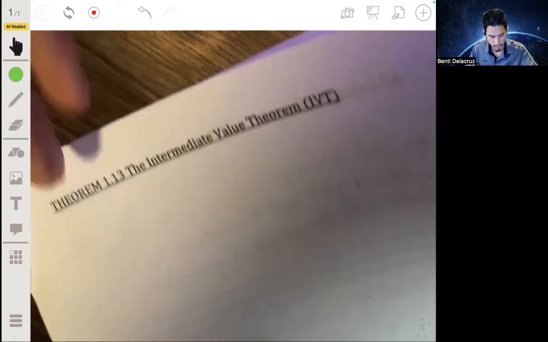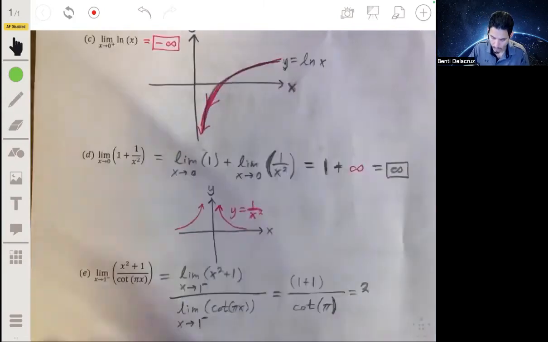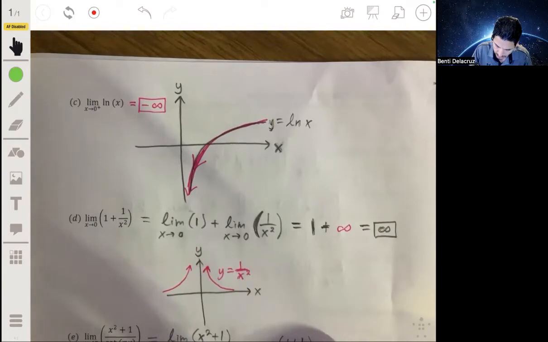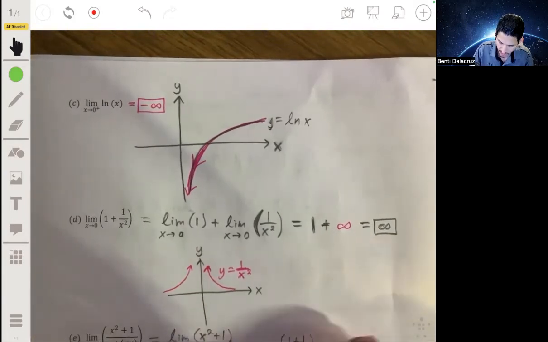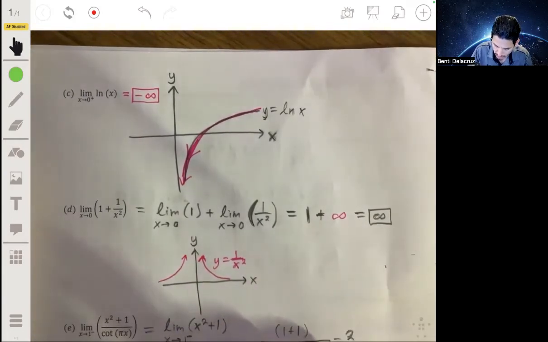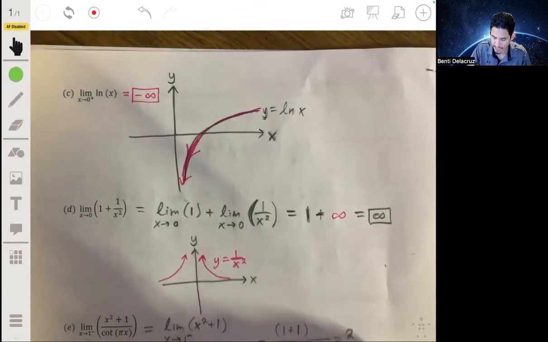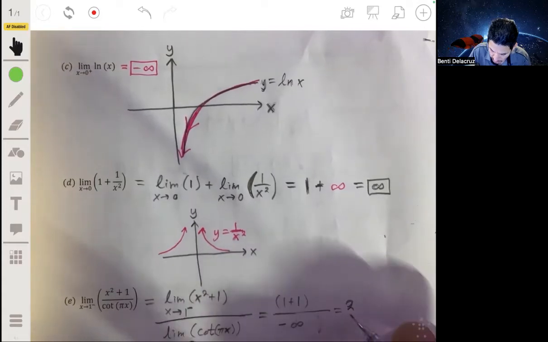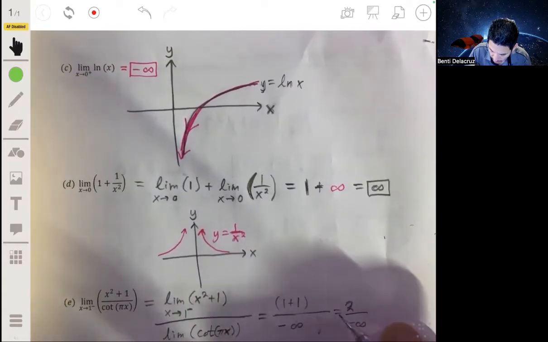So let's just write it like this: the limit of the cotangent of pi as we approach it from the negative side will be negative infinity. So we have 2 divided by negative infinity.